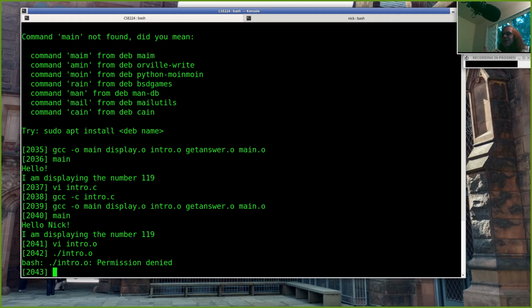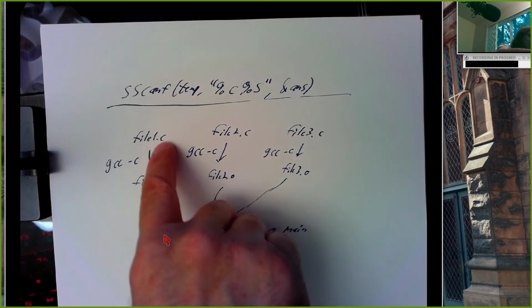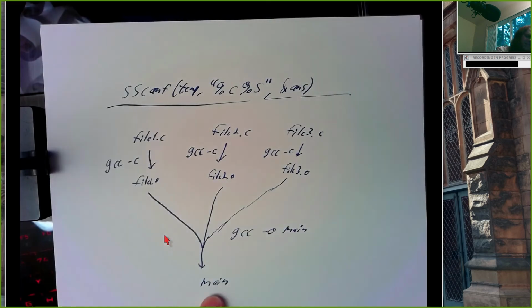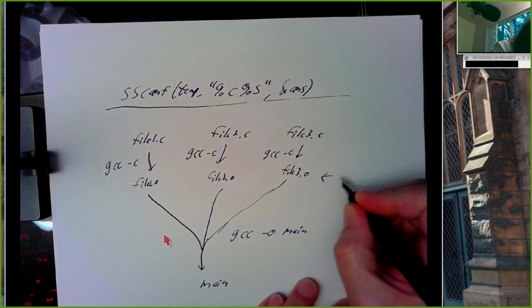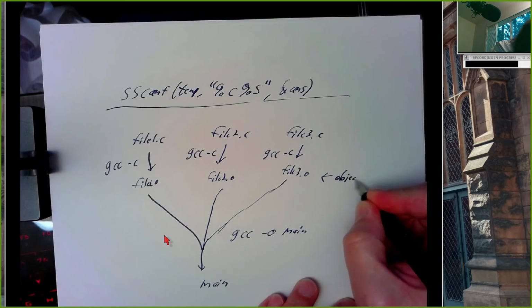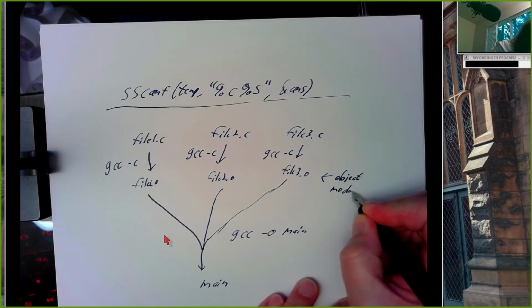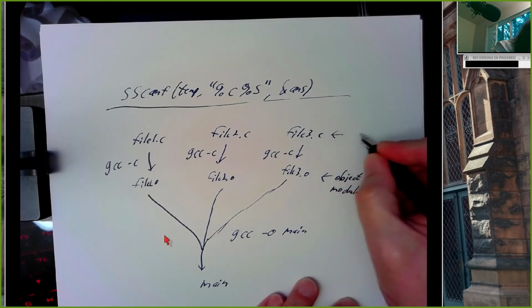But it can be turned into an executable by using GCC and saying, take intro.o and turn it into an executable main. So it's this intermediate step between the source file .c and the executable file. And so these are called object modules. These are source files.